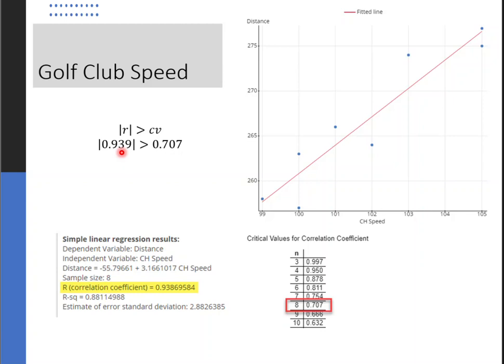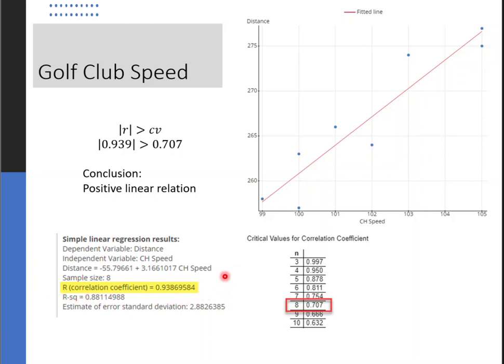And 0.939 is obviously greater than our critical value from the table below at 0.707. That would indicate we would have a positive linear relation based on not only our critical value test, but also our scatter plot and the correlation coefficient.